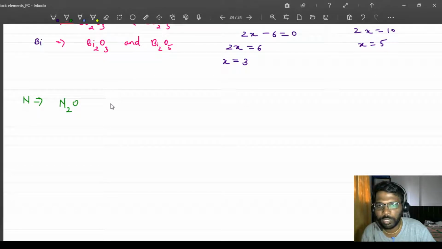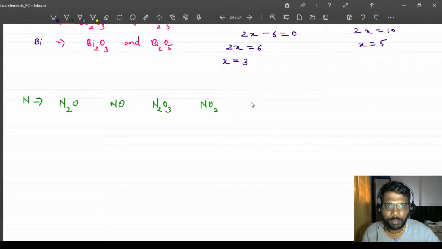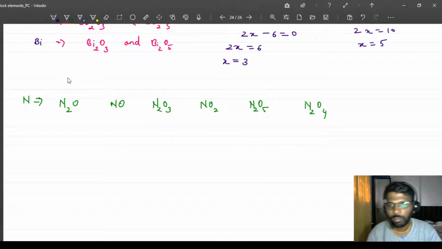One more oxide it forms is NO. Then N2O3, NO2, N2O5, and N2O4. These are the six oxides which are formed by nitrogen: N2O, NO, N2O3, NO2, N2O5, and N2O4.